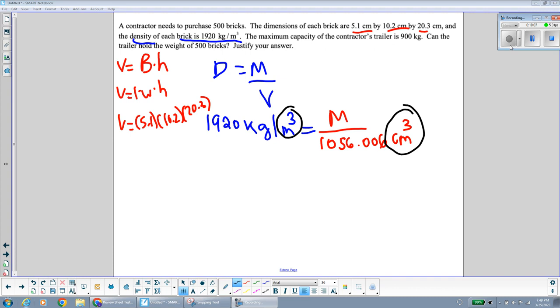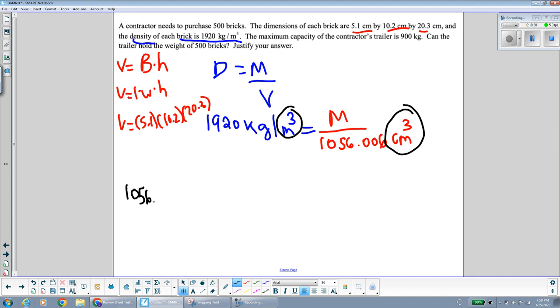So I'm just going to take my volume and divide it by 100 cubed. I can't just divide it by 100. The reason for that is I am not in centimeters. I'm not going from centimeters to meters. I'm going from cubic centimeters to cubic meters. So I'll write this on the side.